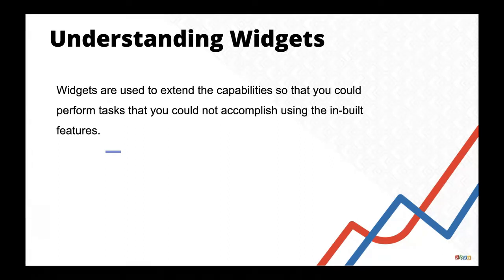We cannot do any custom CSS or custom UI changes to the existing forms. But if you really feel that you need a custom component, custom UI for your form or a report, you can build your own form using the JS widget.